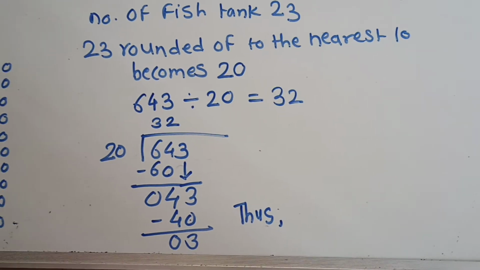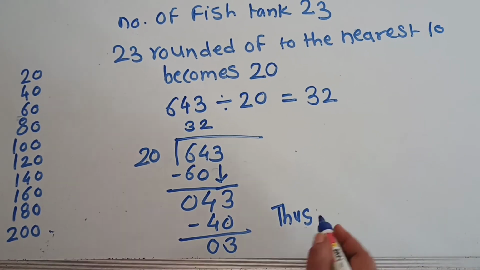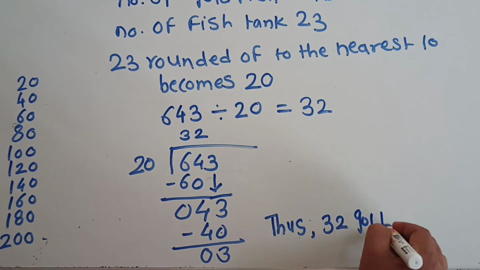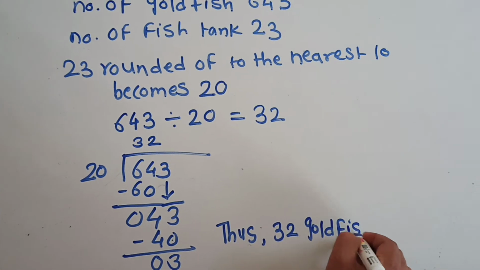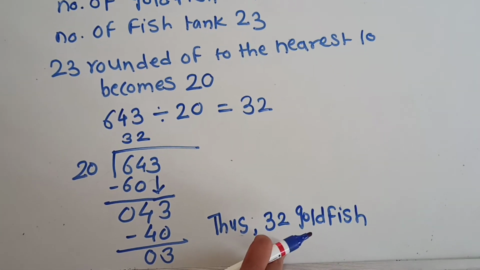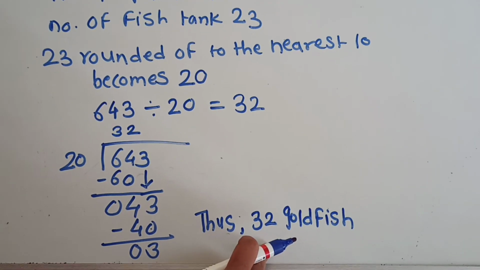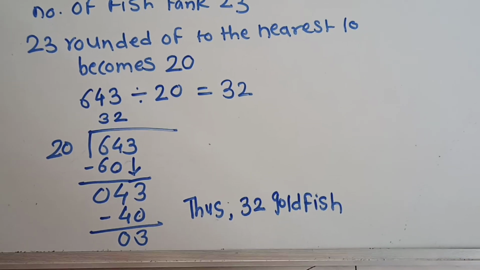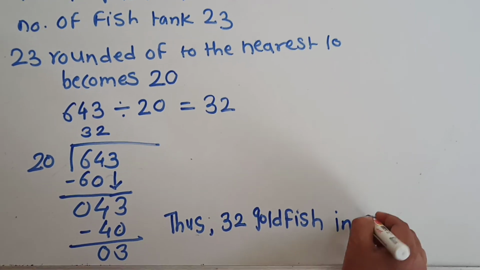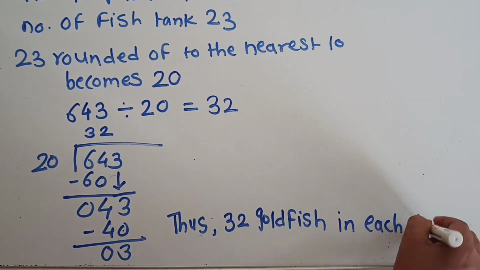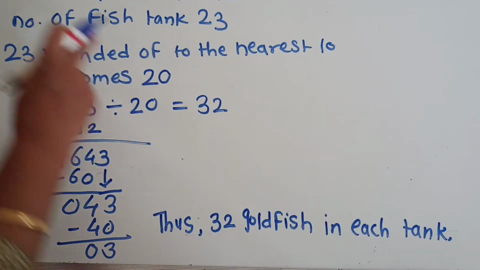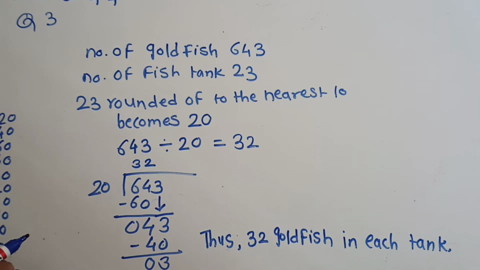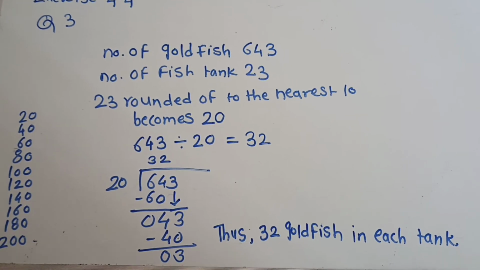Thus, the number of goldfish is 32 goldfish in each tank. Like this you have to solve this word problem of estimating quotient division.